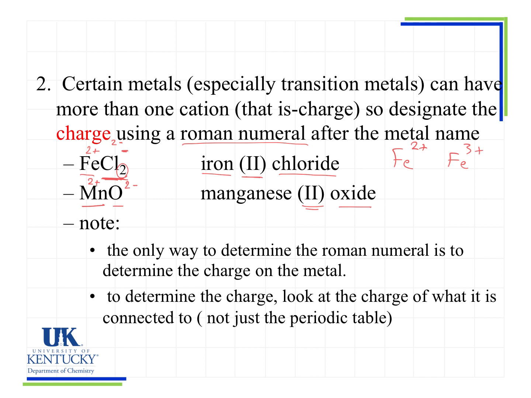So something that you have to note, the only way to determine the Roman numeral is to determine the charge on the metal, okay? And the only way to find the charge on the metal is to look at the anion and see how many anions with what charge we have, so it should be charge balanced. Therefore you can come up with the charge of the cation.